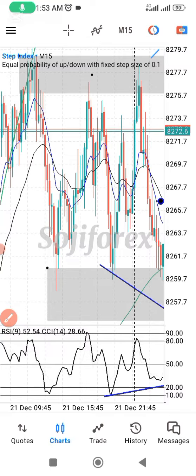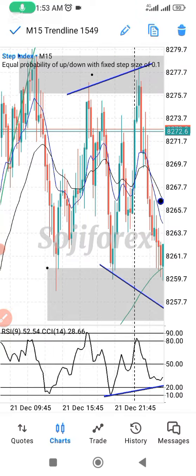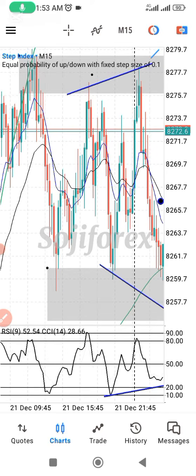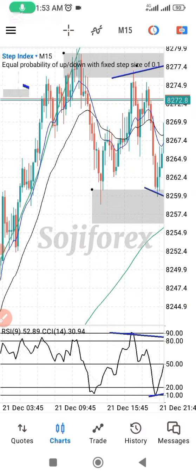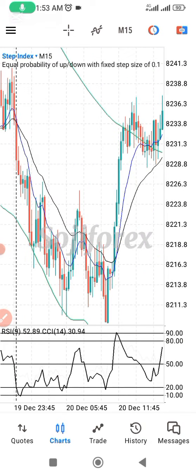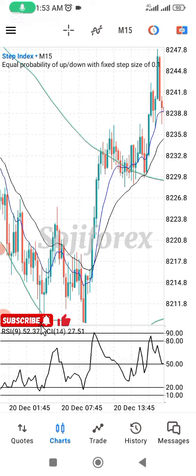So this is working very much, and it is one of the easiest strategies you can find with high probability accuracy. Look at this, right?